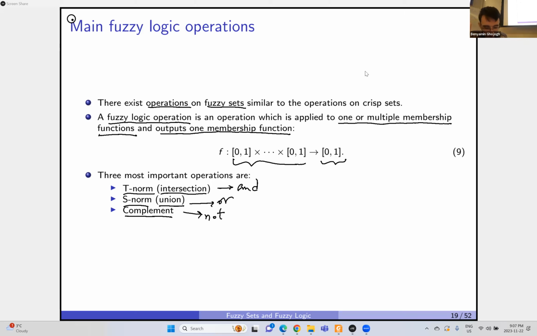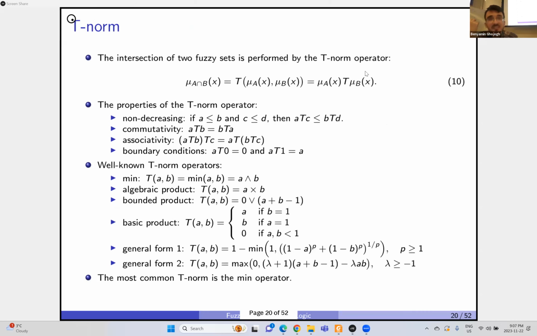Now let's go over them one by one. T-norm. The intersection of two fuzzy sets is performed by the T-norm operator. What does it do? First off, intersection is denoted by this symbol, right? This is the intersection of two sets, and these are now fuzzy sets with fuzzy boundaries.